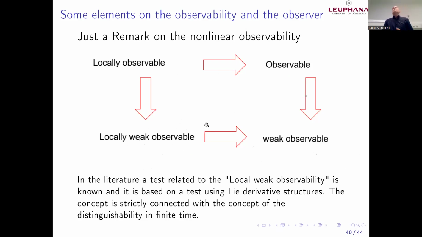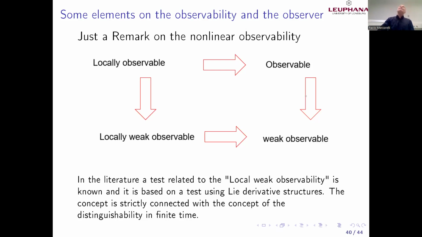Locally observable means that I can estimate the system just moving around in a neighborhood, locally, let me say in a point of the domain of the system.